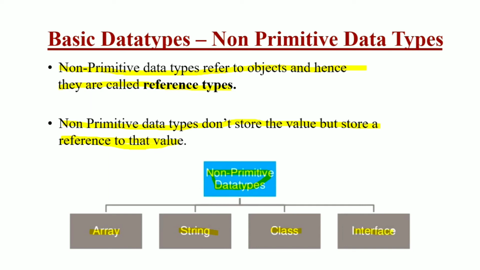Like a class, it also contains methods, but the difference between class and interface is that an interface contains those methods which have no body. That means the method is not defined. These are the non-primitive data types.